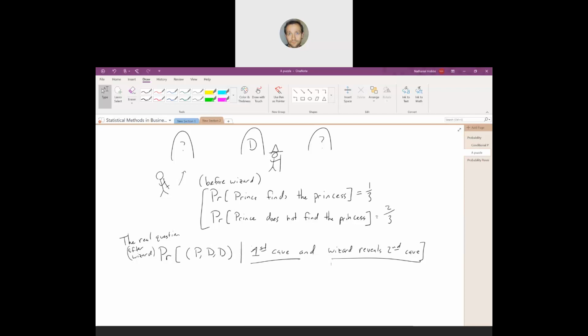So that kind of leads into my next question for Olga. These two events, the knight choosing the first cave and the wizard revealing the second cave, are these independent?